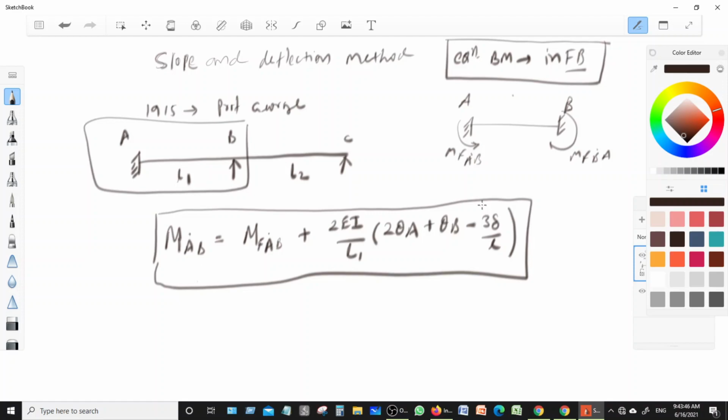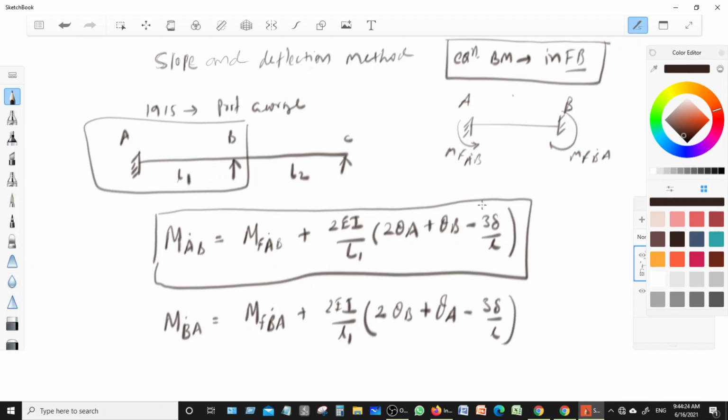Similarly, if you want to find the moment at B support for AB, then it would be the MFBA, the fixed end moment at B, plus 2EI upon L1 in bracket, 2 theta B plus theta A minus 3 times delta upon L.